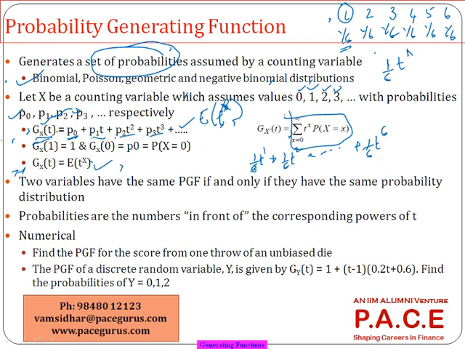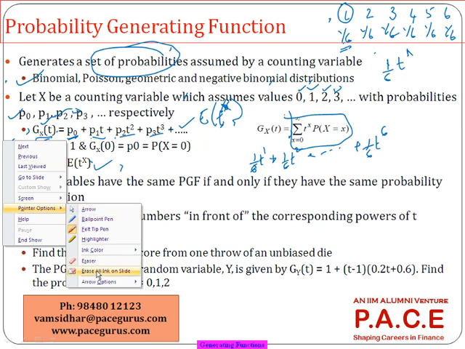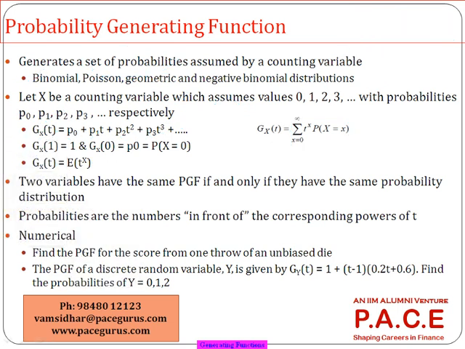Some things to understand here: two variables have the same probability generating function only if they have the same probability distribution, because you are just multiplying by t power x.